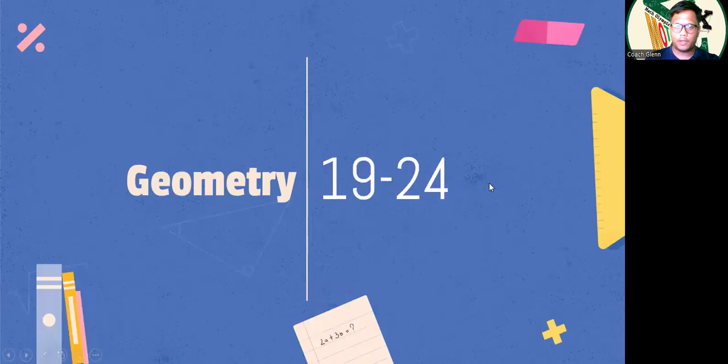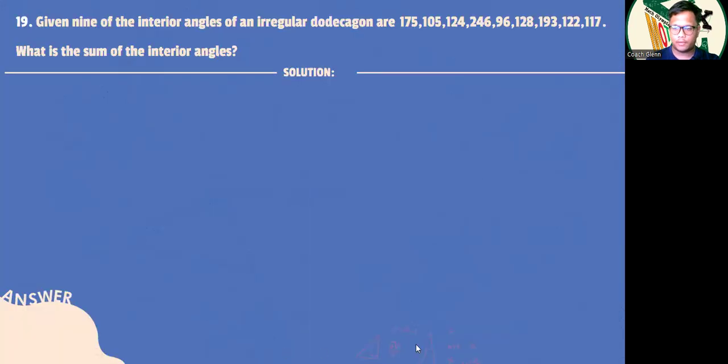That's the general formula, guys. For getting the sum of an interior angle, the general formula is n minus 2 times 180, where n is the number of sides. Okay, if there are no more questions, then let's have the next one.